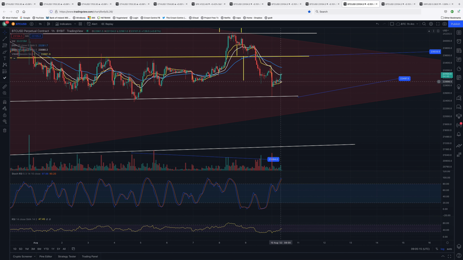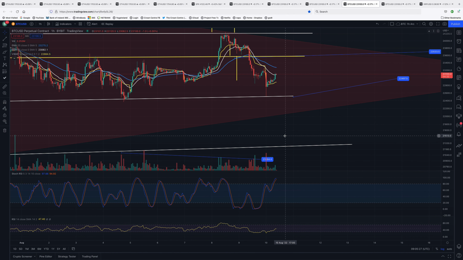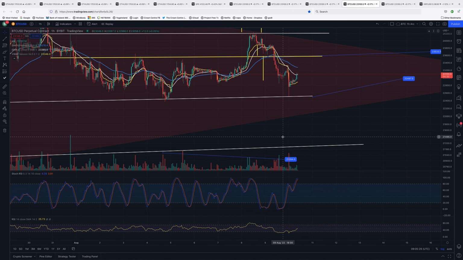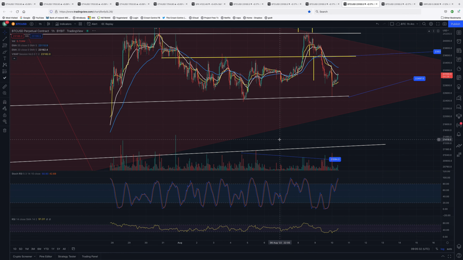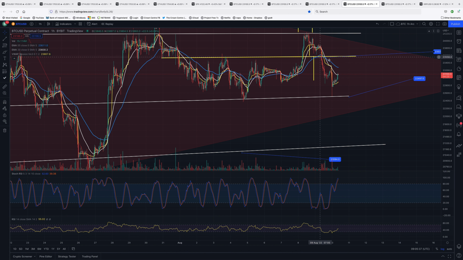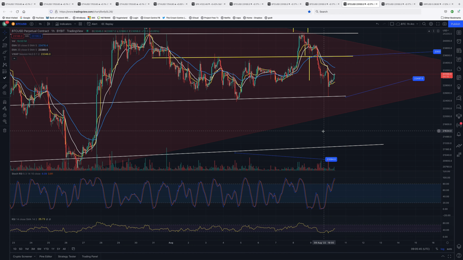So if we close the previous hour above the 20 EMA, but the stochastic on the 1 hour is extended, and so is the 15, and so is the 5. So the shorter time frames might have needed a lot of energy to get to where they are right now. I don't believe we are done with the drop. I know that on the 15-minute it looks like the 3 levels is complete, but on the bigger time frame, there might be another level down.